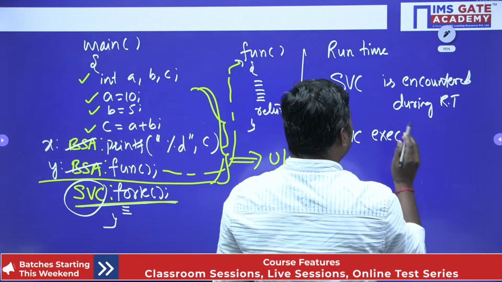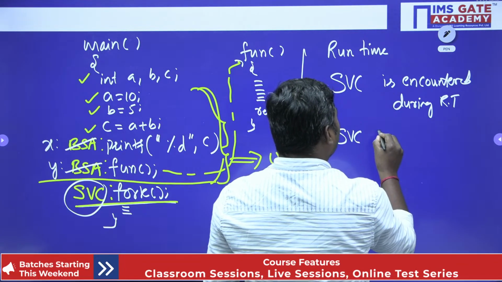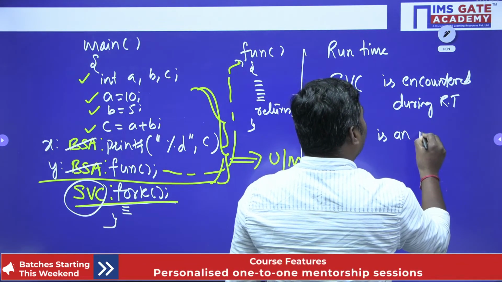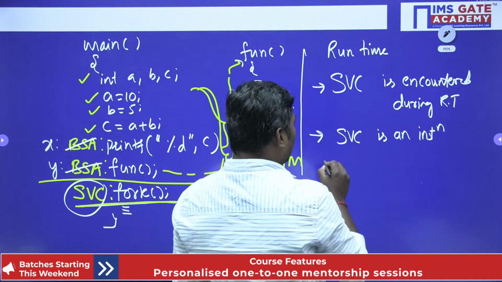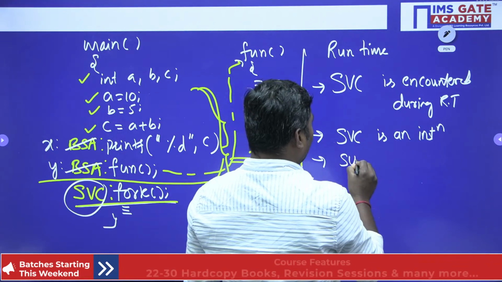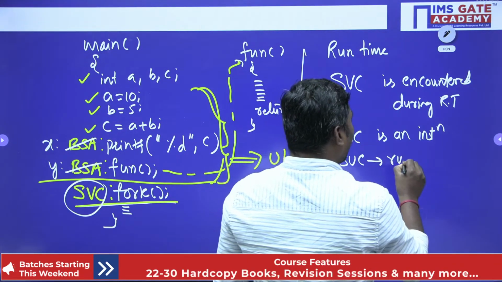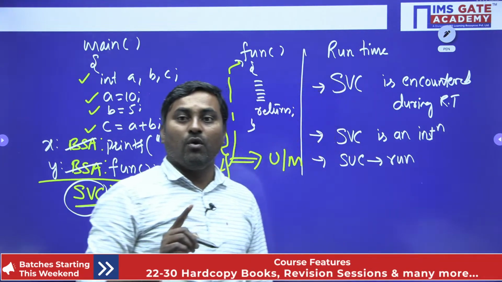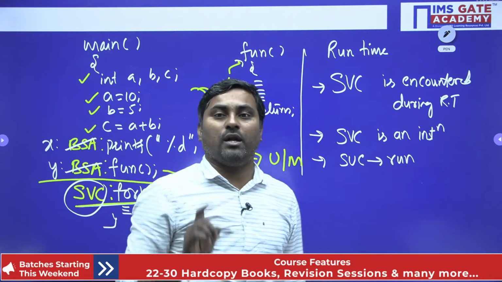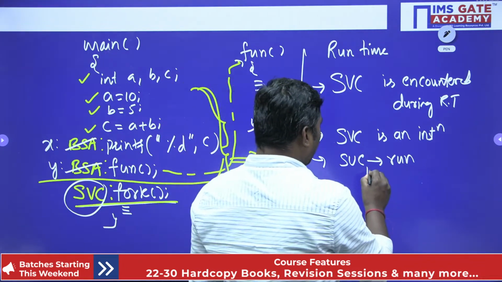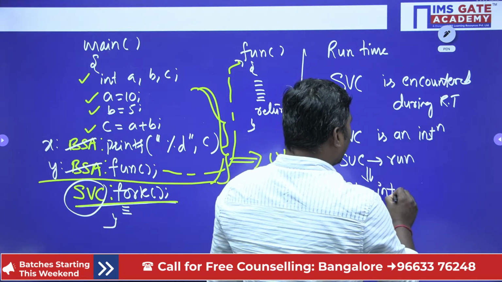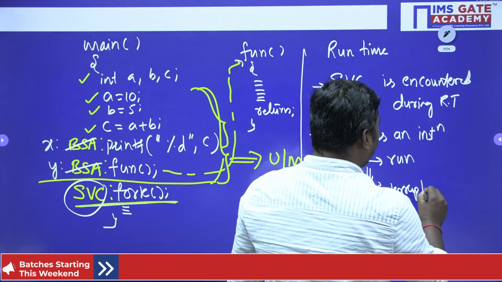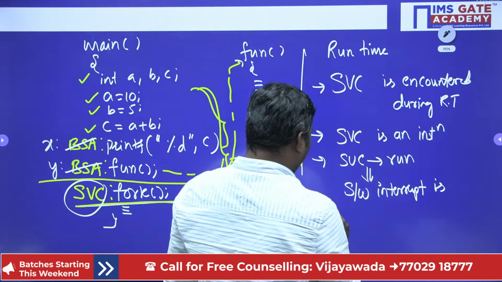SVC is an instruction, a privileged instruction. So SVC runs. Whenever the SVC instruction runs, the next step is that a software interrupt is generated.